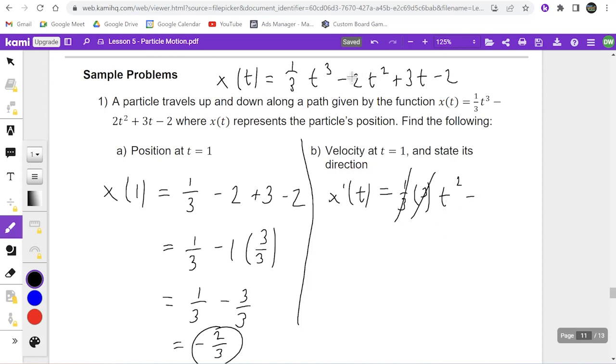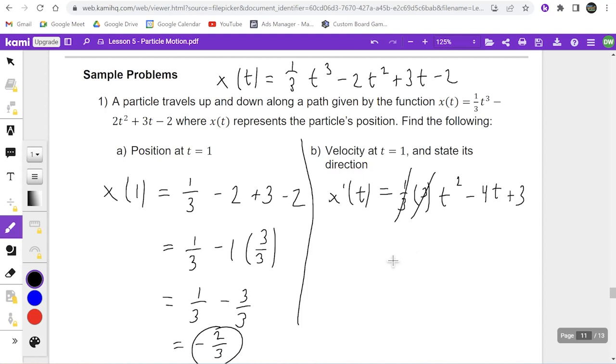Okay, next derivative, minus 2t squared. Negative 2 times 2 is going to be minus 4, and then t, now to the first, but you don't have to write the first power because it's the same thing. Derivative of 3t is just plus 3, and then the derivative of minus 2 is 0. So in other words, our derivative is t squared minus 4t plus 3.